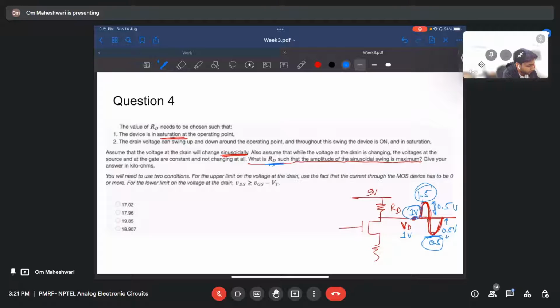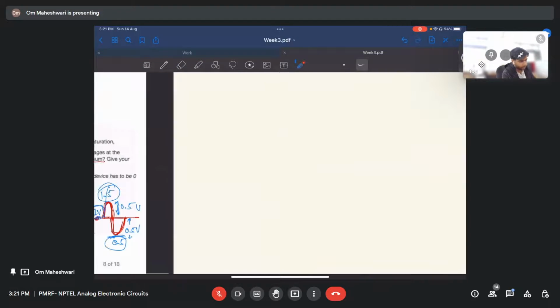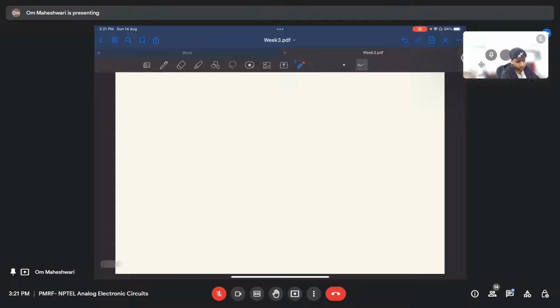So we need to keep on increasing this swing and at the same time maintain it in saturation. So let us see how we will do that. Okay.